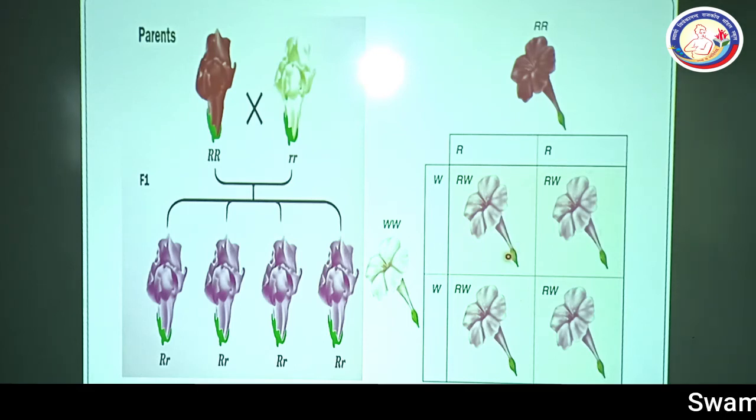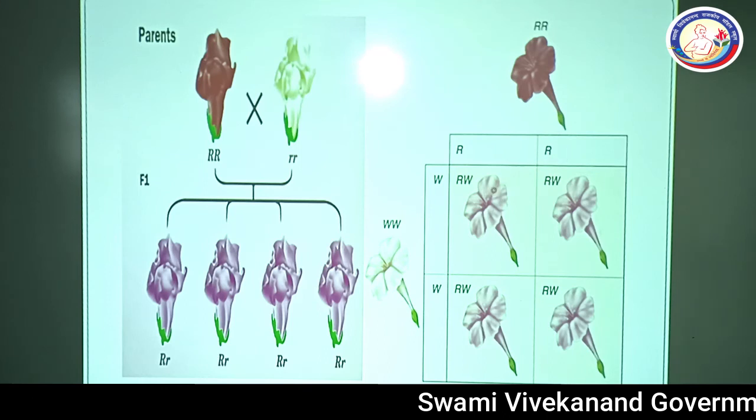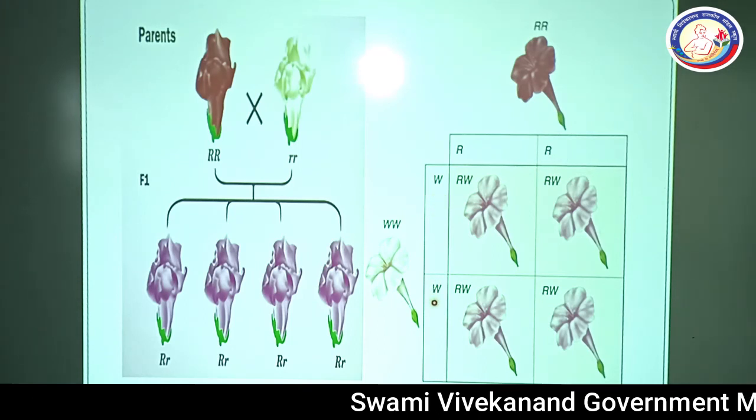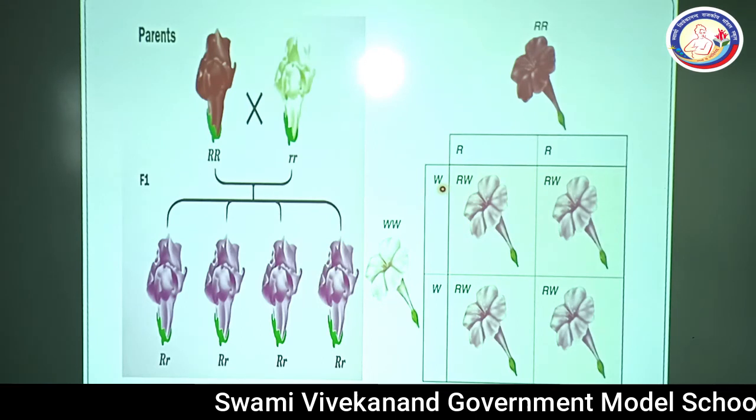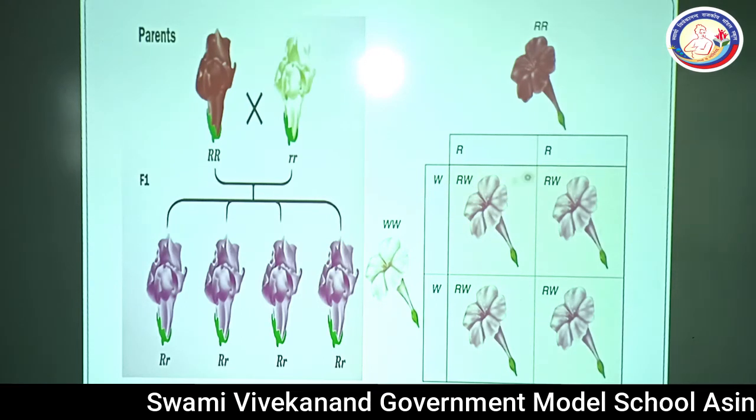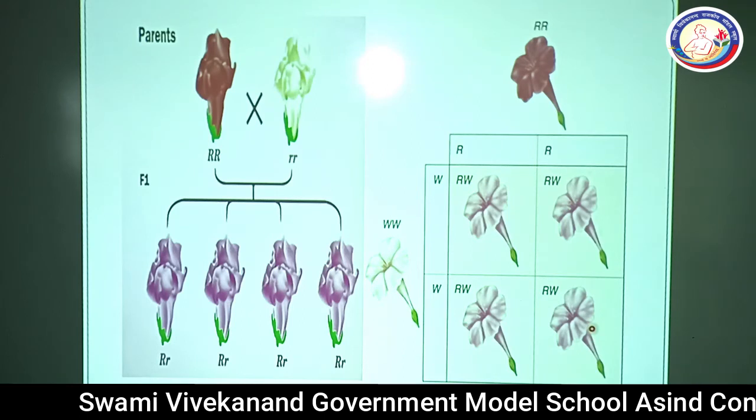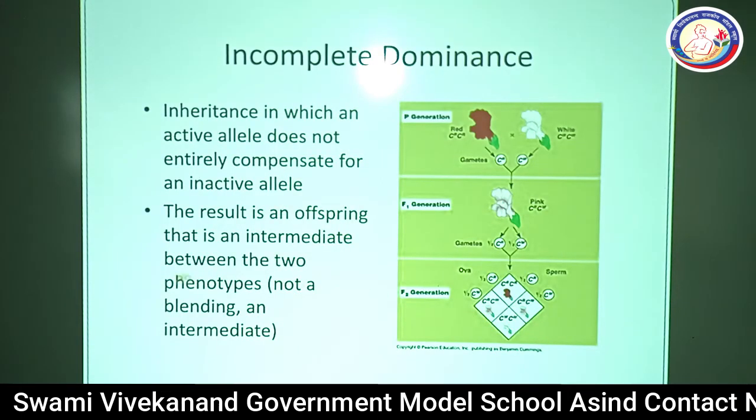Similarly, if we use this in the Punnett square or checkerboard, this is also capital R, W, W. We can write W in place of small r. The colors are pink for all the plants.